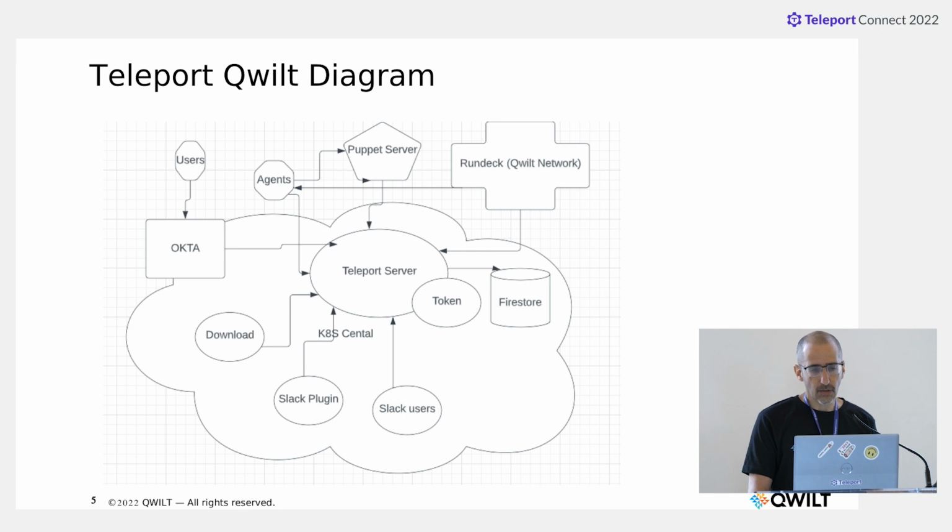Okay, so this is our diagram. The users are connected to Okta, and all the Teleport infrastructure is in Kubernetes. There is a download service which gives the users the ability to download the installation script and to put in all the dynamic variables.